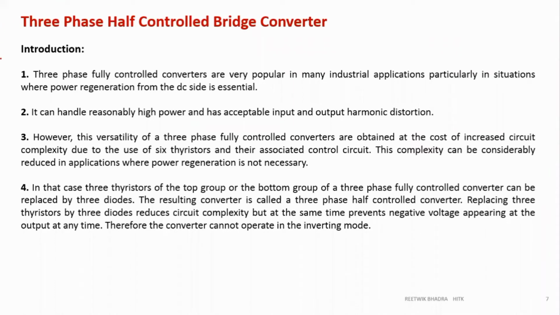I'll just go through the first 1 to 3 points, just to go through the basics. Obviously, there should be 3 thyristors in the top group, that is the positive group, and the bottom group will be 3 diodes. So that means we are using a semi-converter, because half of the portion is controlled. The other half is uncontrolled because of the use of diode.